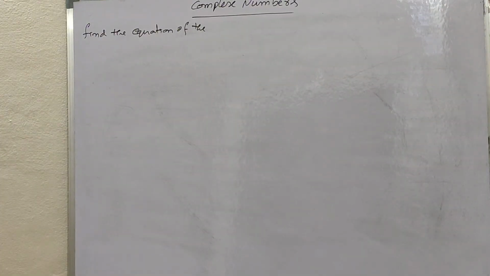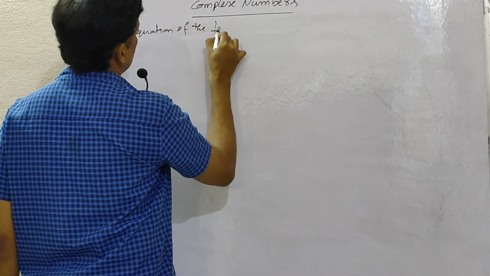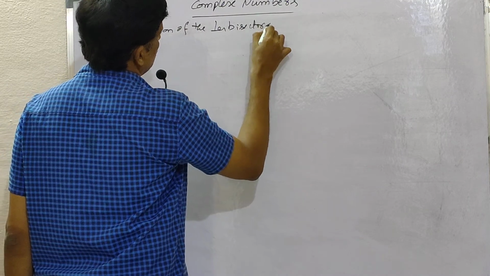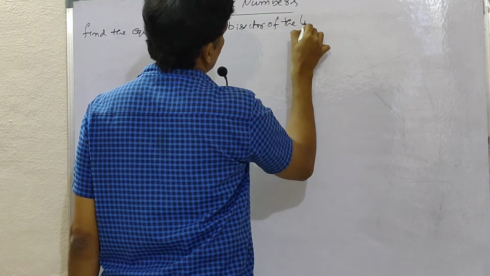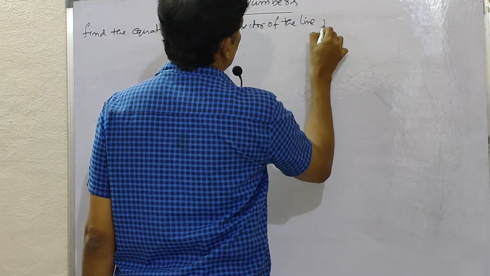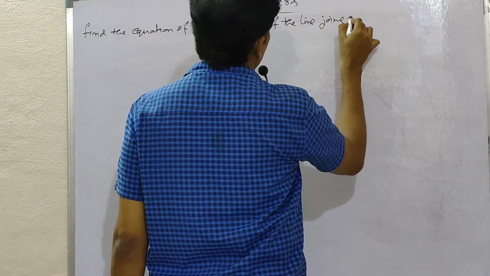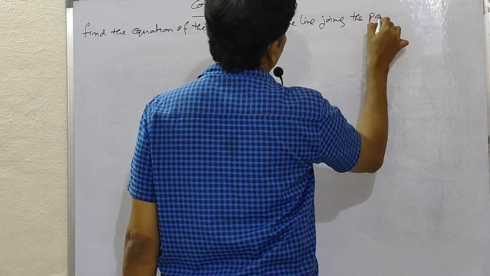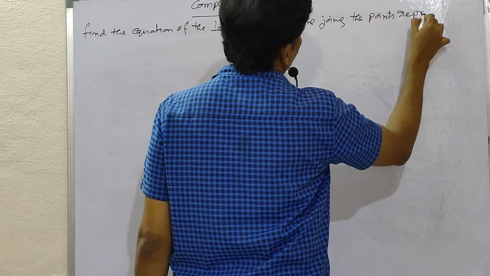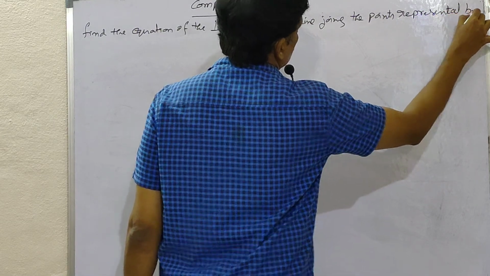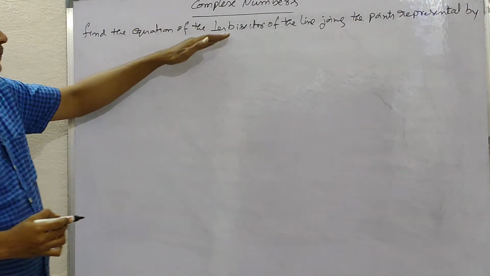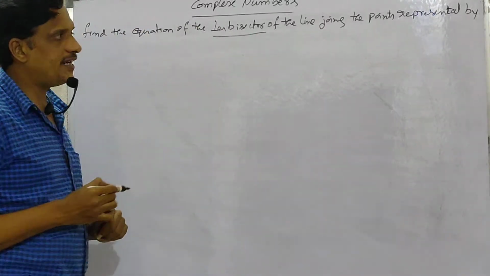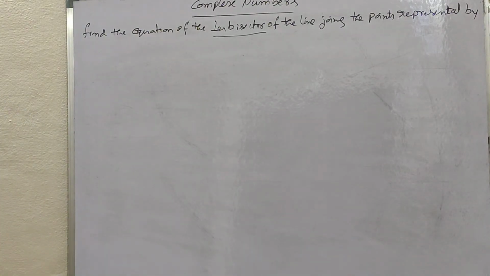Find the equation of the perpendicular bisector of the line joining the points represented by the complex numbers 7 plus 7i, 7 minus 7i.